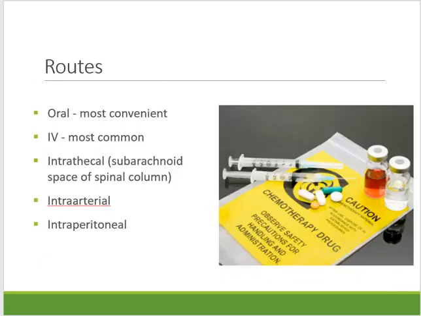Okay, we're going to talk about routes just a little bit. Just like any drugs, they have similar routes. Oral is most convenient. Anytime an oral agent is given, it's important to teach safe handling. That's why the yellow warning sign is there.